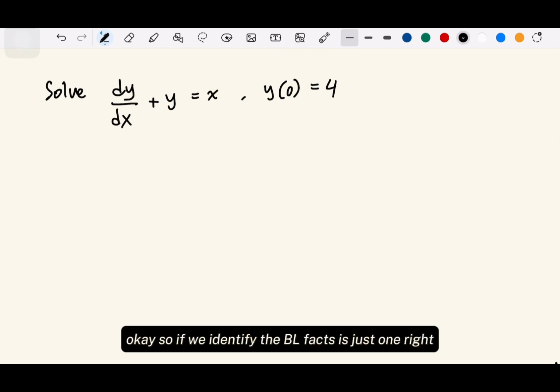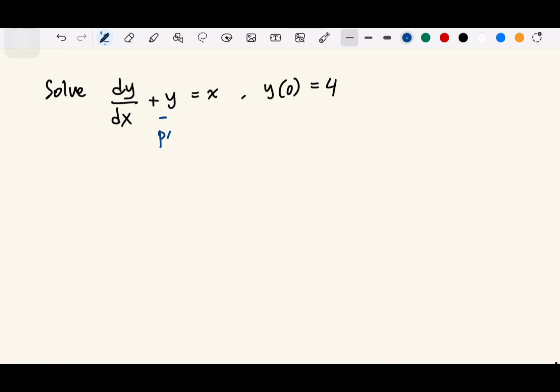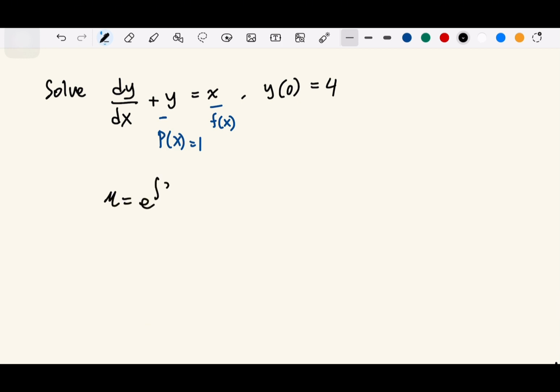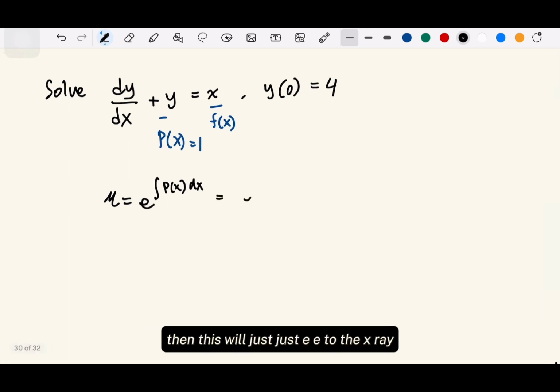So if we identify the p of x is just 1, right? And this is f of x. So if we want to write the integrating factor, then this will just be e to the x, right?